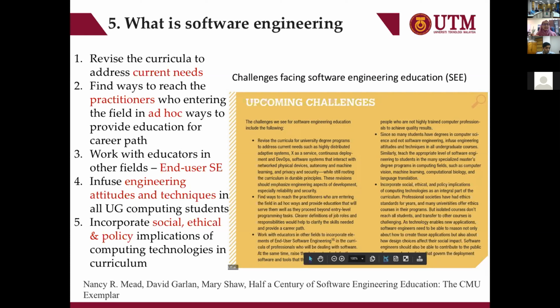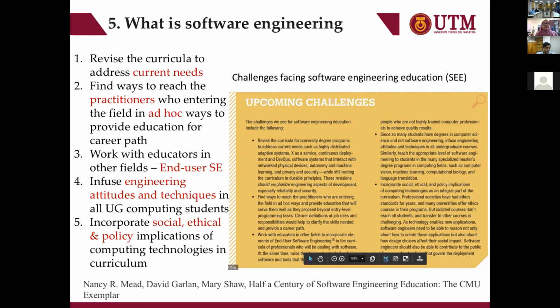Okay, so it is our responsibility as educators to share our knowledge of software engineering with this group of ad hoc background who join our field.